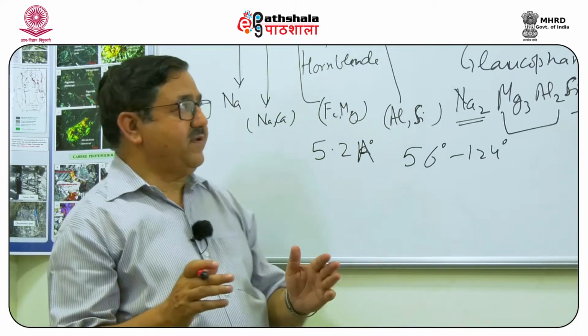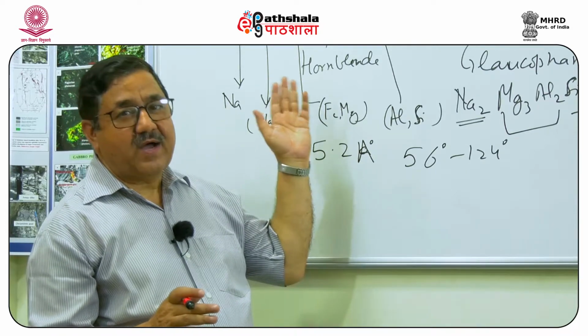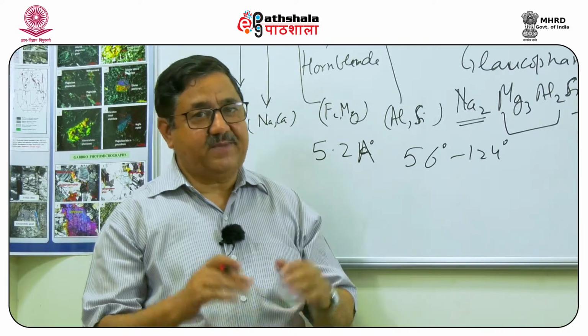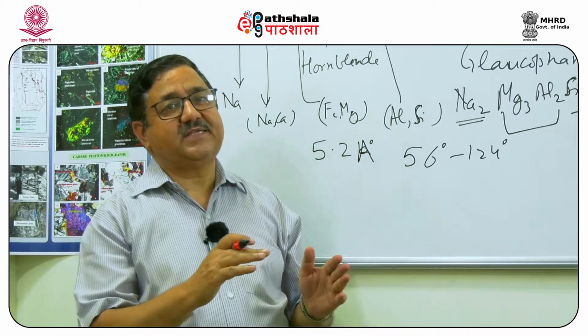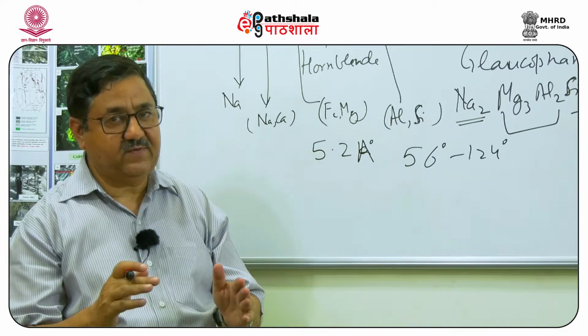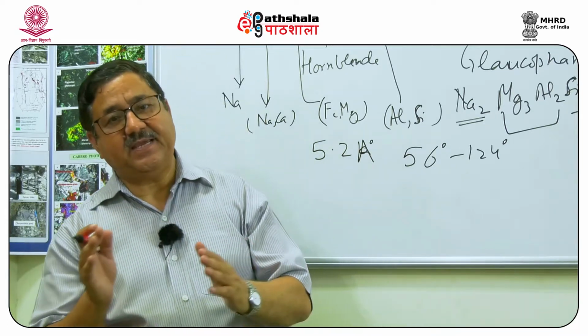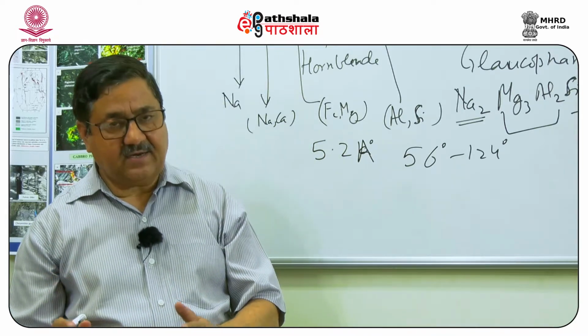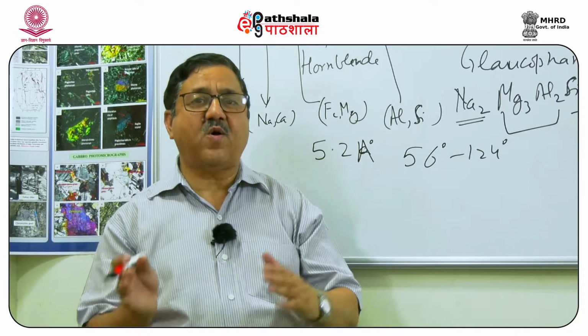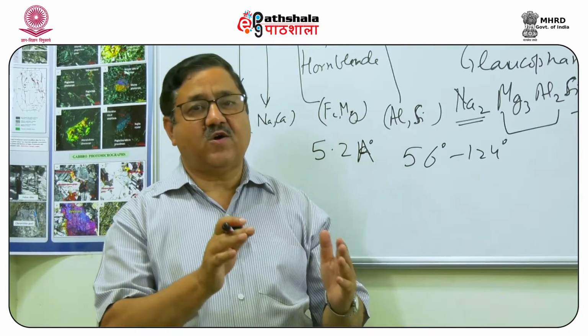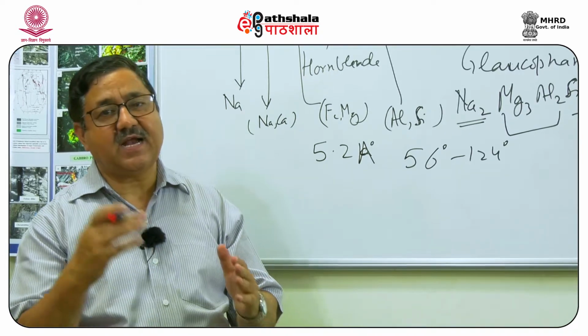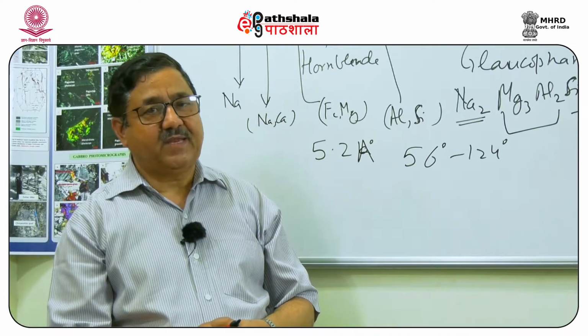The orthorhombic amphiboles were the ones which we first described, that is anthophyllite represents an orthorhombic amphibole. Some of the amphiboles with similar composition can crystallize in the monoclinic system or in the orthorhombic system. So, it depends upon the condition under which they are forming.